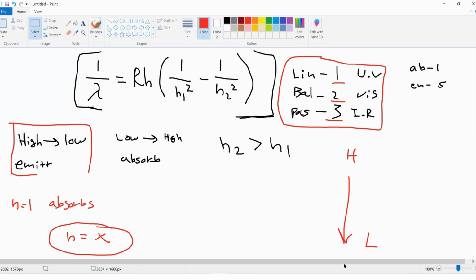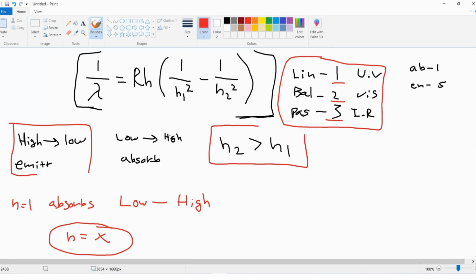Because when we're absorbing, you have to remember that we're going from low to high. So these actually flip. And why do they flip? Well, this is your biggest key to doing these.